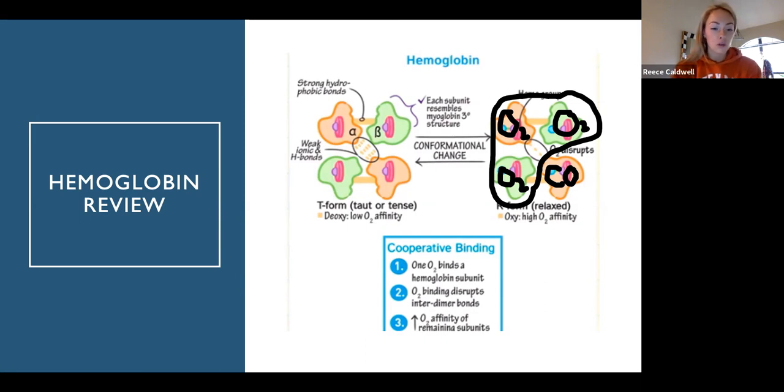So it almost increases the affinity for oxygen by hemoglobin. So those oxygens are going to be bound super tightly. So that's just kind of a brief review of what we're looking at when we are talking about hemoglobin. I should have put that more at the beginning, but yeah.